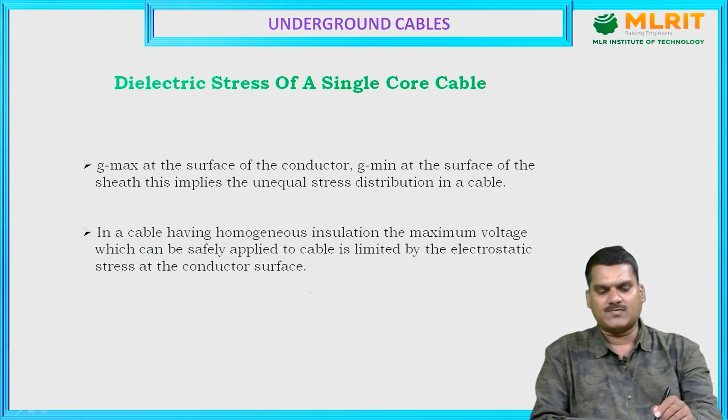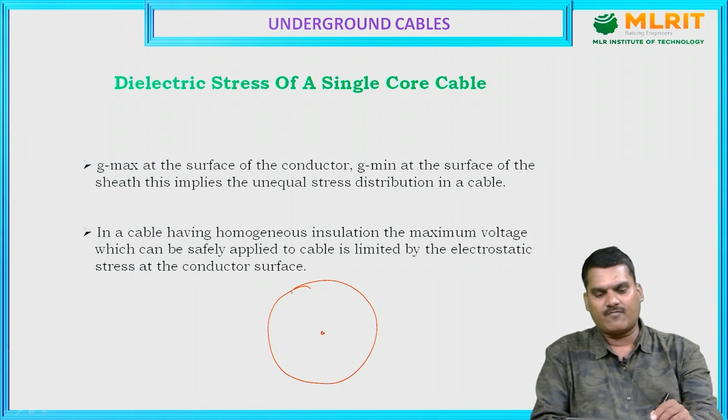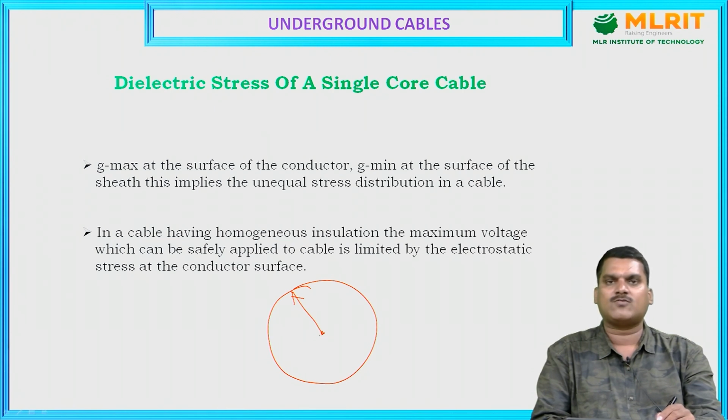So G value will change from the center to the surface. If you go on moving from the center to the surface of the cable, the G value will vary, but this variation of G is not desirable.